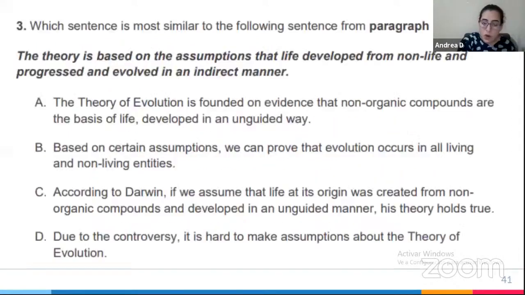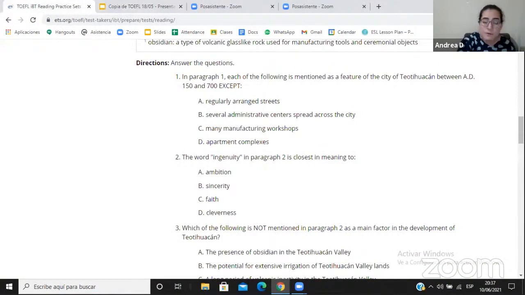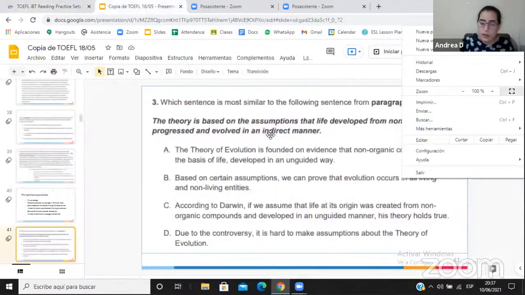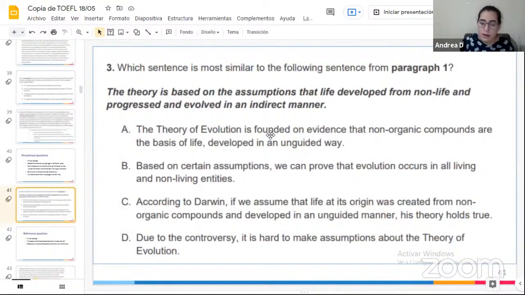All right. So in this case, I didn't find an example for this type of question in this reading set. I didn't find one paraphrase question, but we're going to be looking at a different one. So, okay, I'm going to read the question. It goes, which sentence is most similar to the following sentence from paragraph 1?